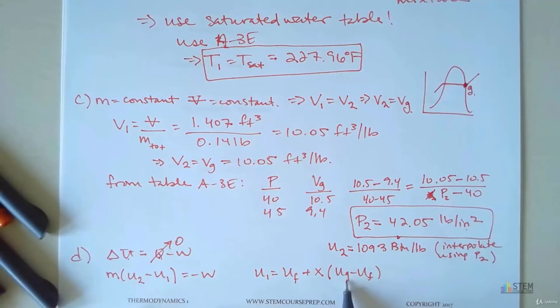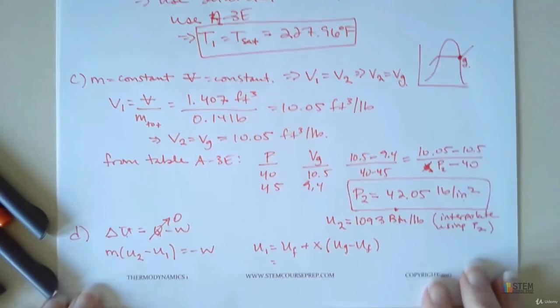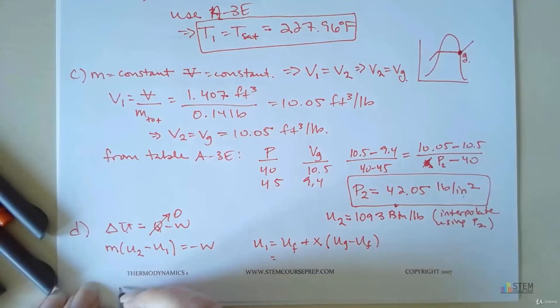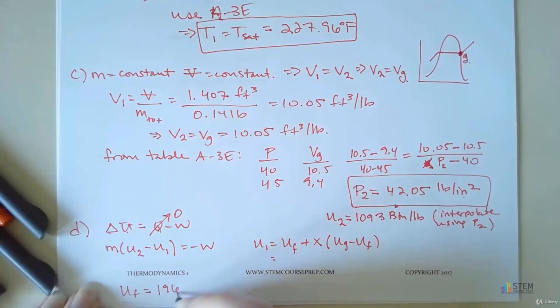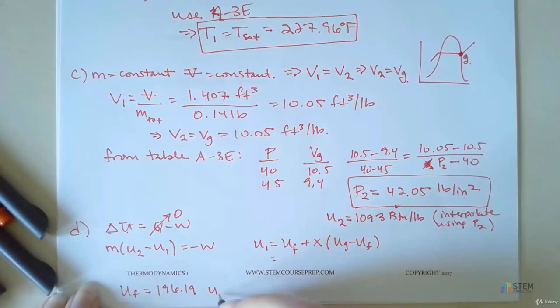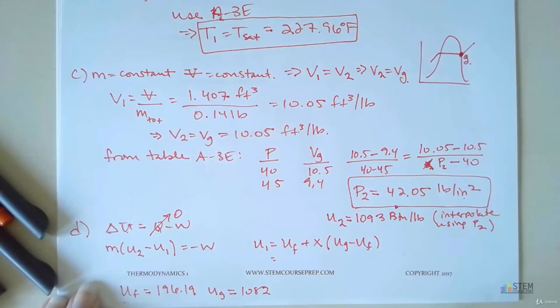Now UF and UG, those are found in that table A3-E. So you can find those and plug those in. So we'll write it down here. UF is 196.19. UG is going to be 1,082.